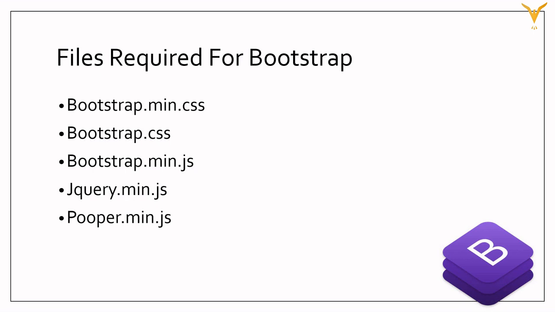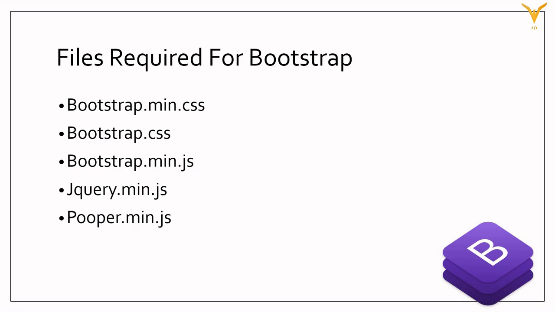The main purpose of using bootstrap.min.css is to reduce the size of the file so that your website speed is increased. It is up to you which file to use, but with the minified version the file size is small and the loading time of the website will also be fast.